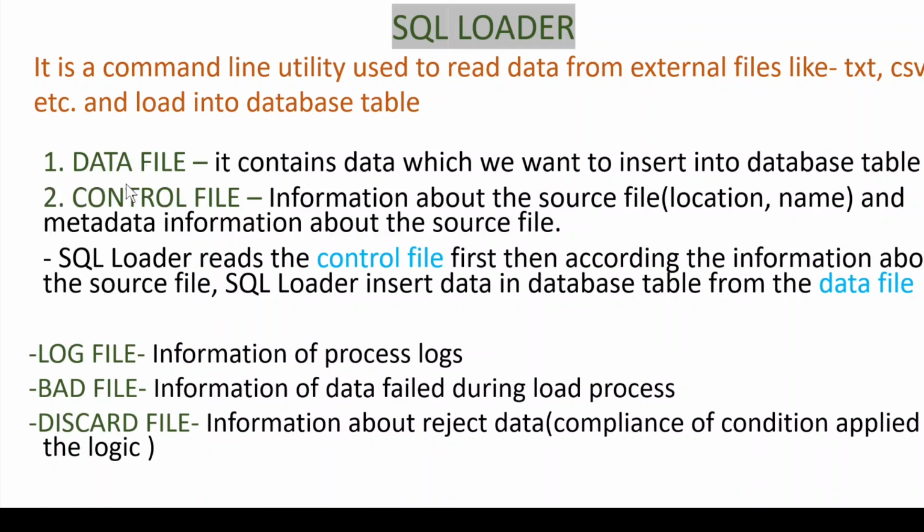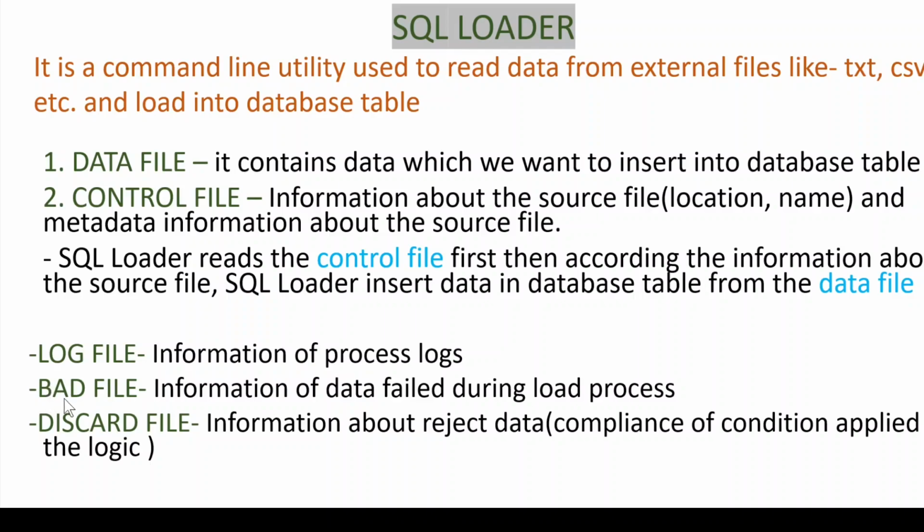Besides these two files, we have three more files. One is the log file, another is the bad file, and the third is the discard file. The log file is generated when we start the process of data loading, and it gives the information about the process.